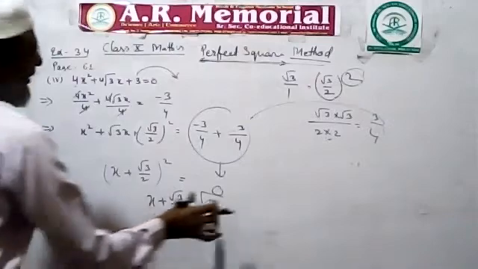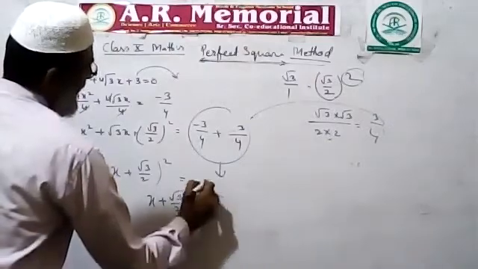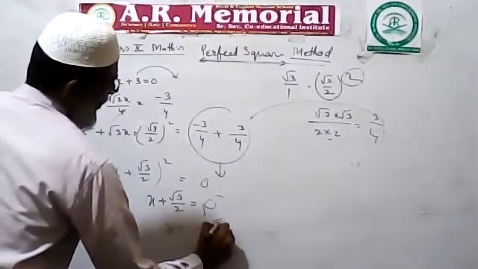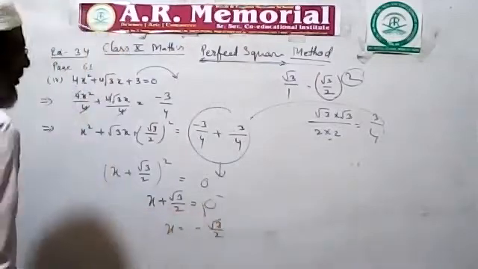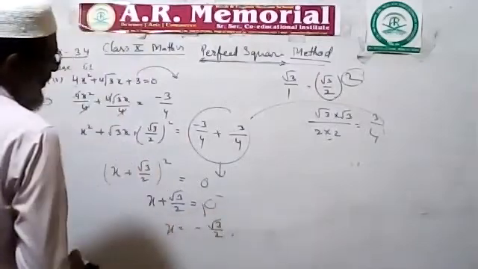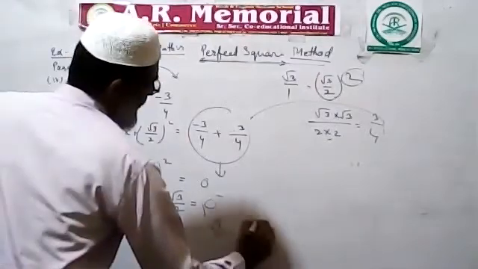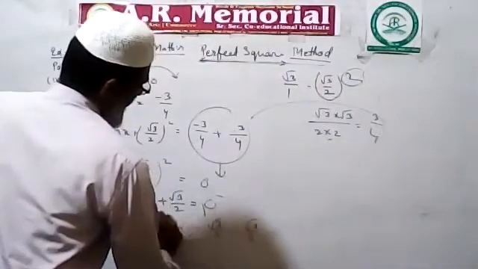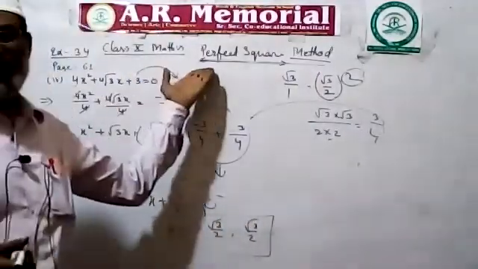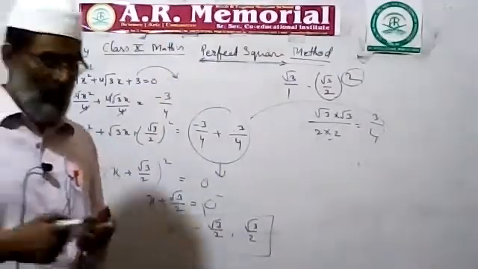So x is equal to minus root 3 upon 2, and also, yes, one time it is negative and one time it is positive. This is the answer. So easy. Perfect squaring, half of b.